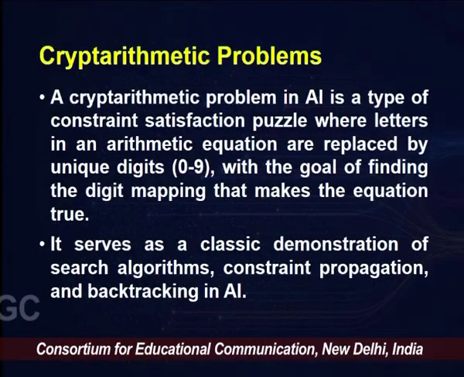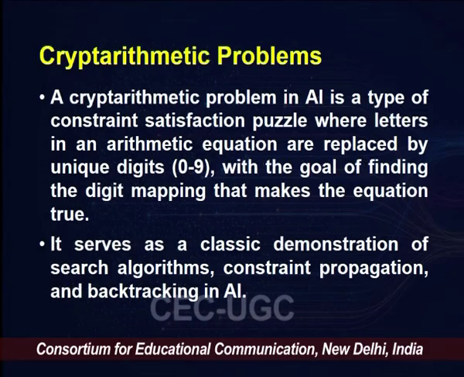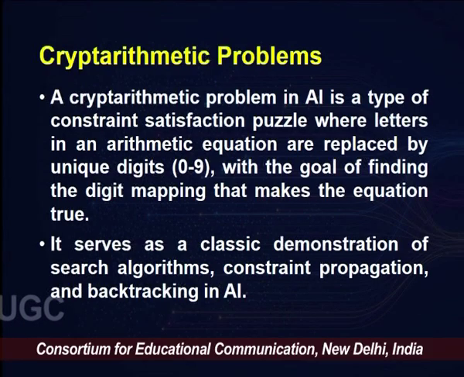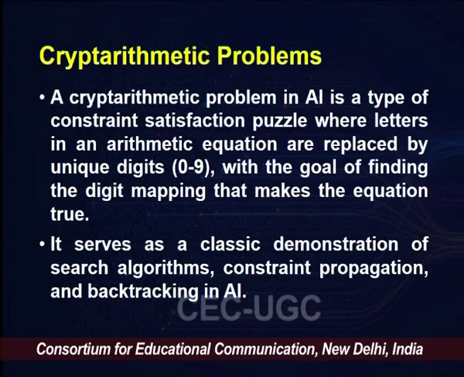Now, within constraint satisfaction problems, a famous dimension is cryptarithmetic problems. Cryptarithmetic is a problem in artificial intelligence, a constraint satisfaction puzzle with letters arranged in an arithmetic equation, where the letters are to be replaced by digits from 0 to 9.